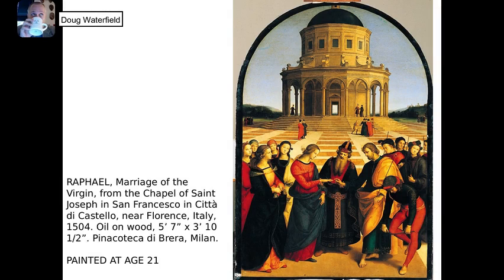Raphael got his start, his introduction to making a career for himself as a painter, by producing a number of images of the Virgin Mary, as well as baby Jesus, so Madonna and child paintings. But even before that, this is one of his earliest pieces, painted at the age of 21.